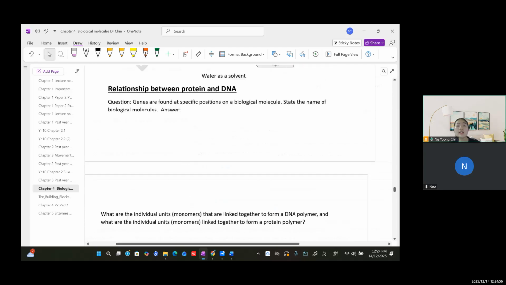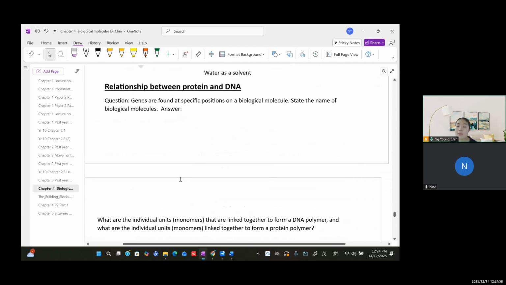Okay, that's it. So we come to the quiz section. This is a question that came out in this year's exam: genes are found at specific positions on a biological molecule. State the name of the biological molecule. What's your answer?